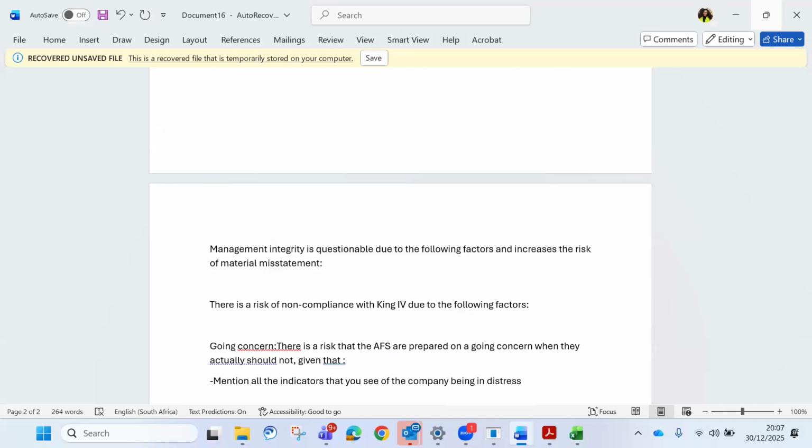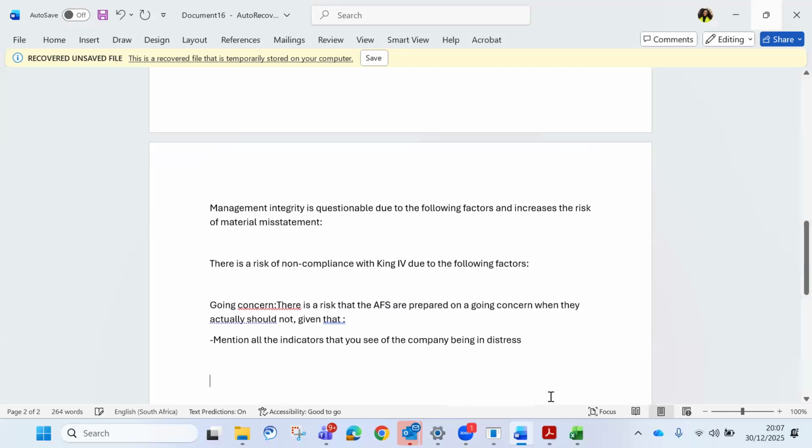I wanted to ask if management incentives like bonuses form part of the risk of material misstatement overall? It does, and that's actually where I was going to go. If you ever see performance bonuses, it does, because I want to get my bonus, right?